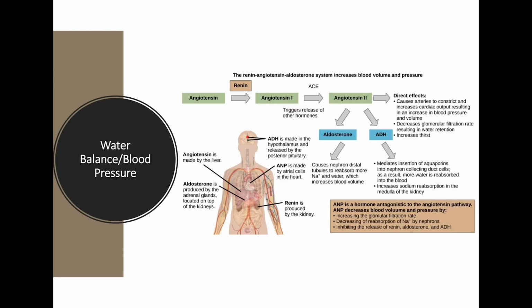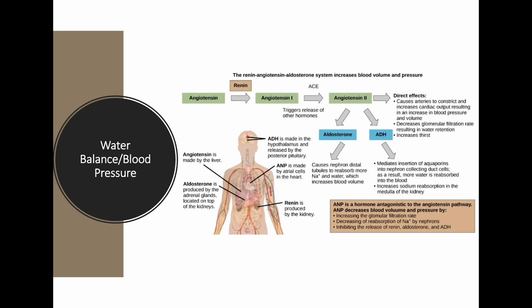But in order to go from angiotensin 1 to angiotensin 2, you need something called ACE, which stands for angiotensin converting enzyme, produced by the lungs. So once you get ACE and angiotensin 1, you then get angiotensin 2. Angiotensin 2 then can trigger aldosterone and antidiuretic hormone, like Dr. V said.